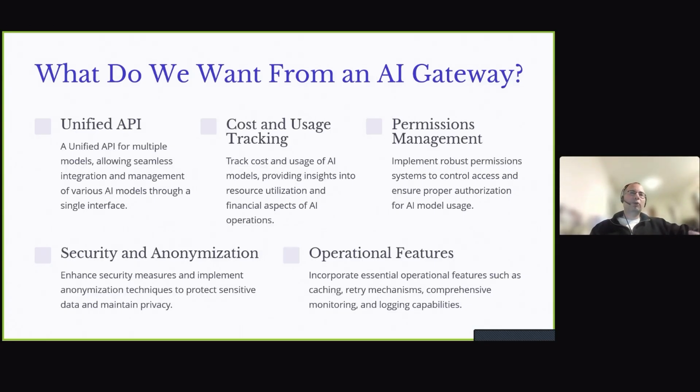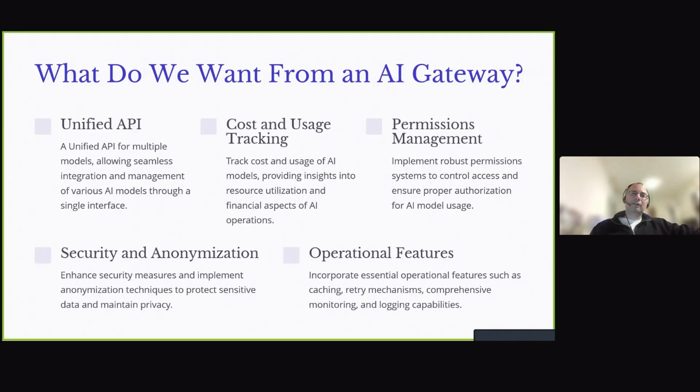Of course, not everything is relevant for every company, especially at the beginning, but I think we can define some points that are common. For example, we want one endpoint, right? We don't want our clients to know all the services and the models that we use, and our own considerations when we choose to use which model. So we want to have one endpoint, same as with the API gateway, but maybe for different reasons.